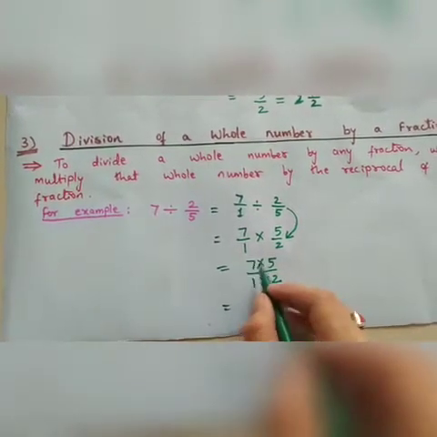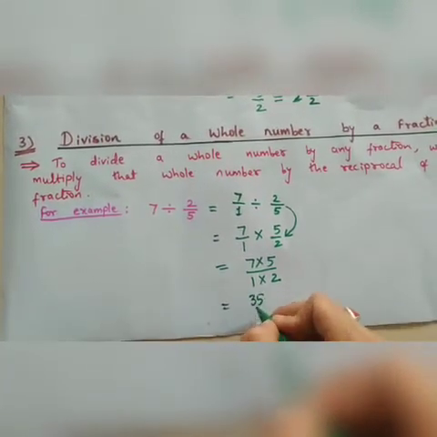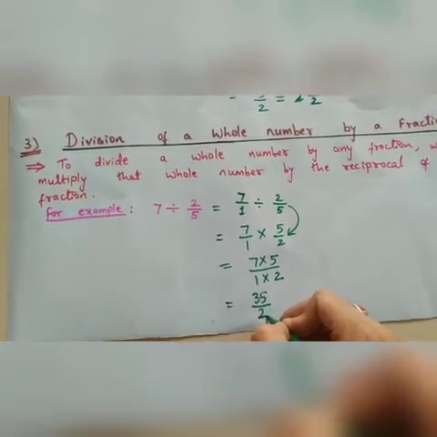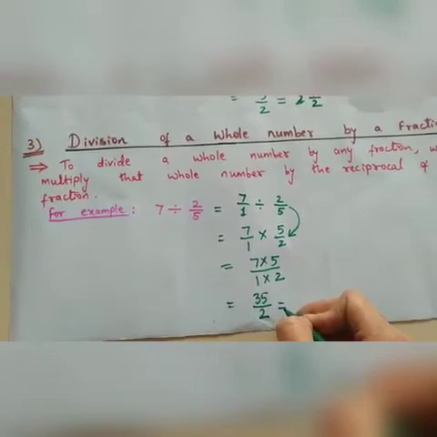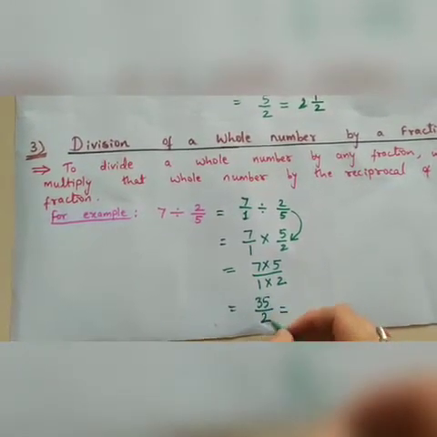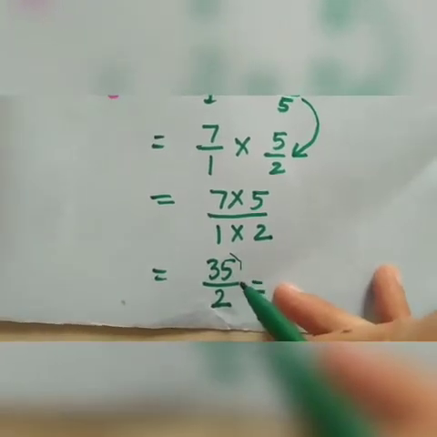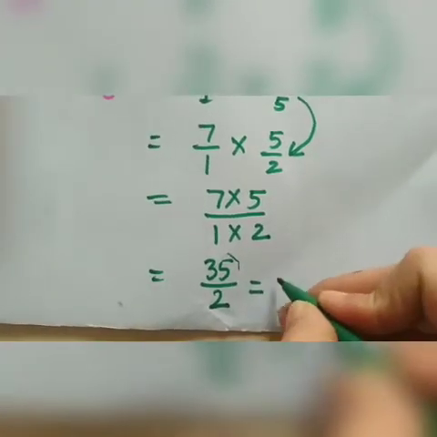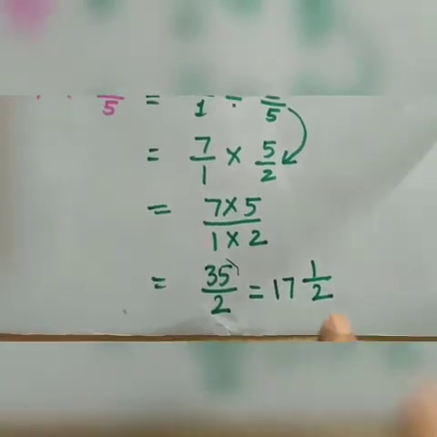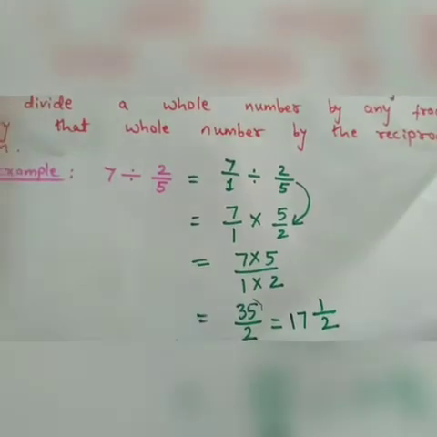So now 7 5s are 35. 1 multiplied by 2, we get 2 here. So okay students, this is the answer. Now this is what? Improper fraction. So we have to convert this into mixed fraction. So we get 17 1 by 2. Okay, so this is the answer of this question.